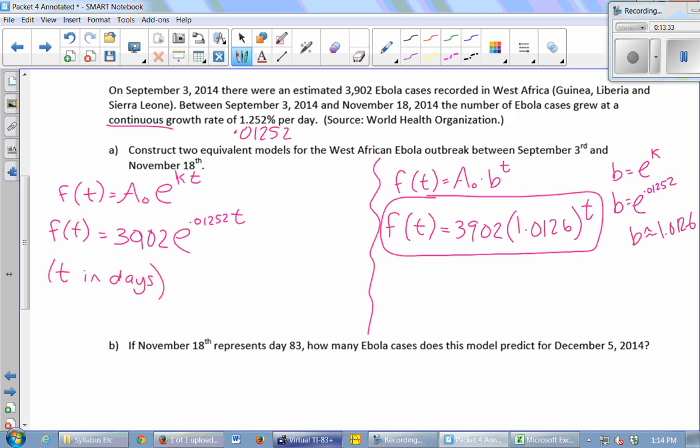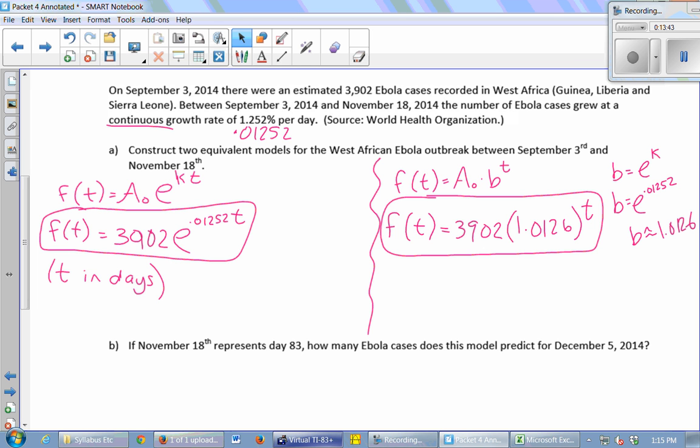So I've got two formulas, right? They are completely the same. If I plug a number into one, I'll get the same thing as if I plug a number into the other. They are completely equivalent. So let's just see what happens. I want to represent November 18th, which is going to be day 83, right? That's 83 days after September 3rd.